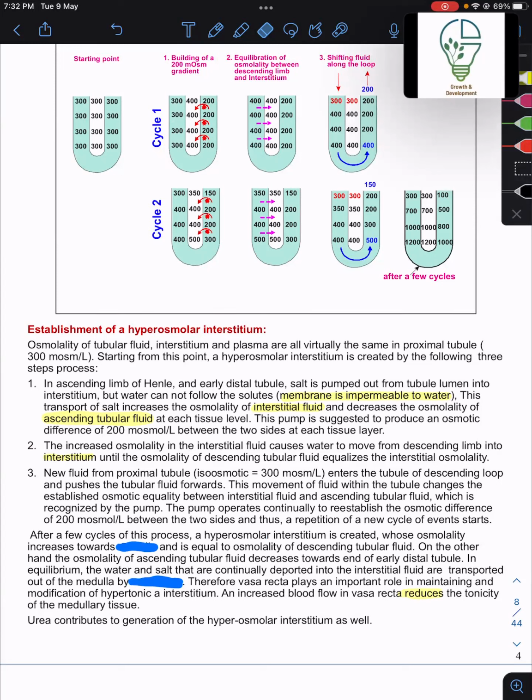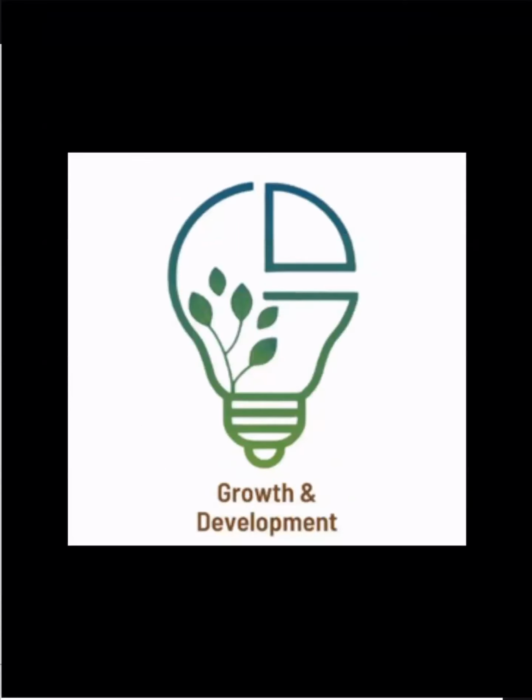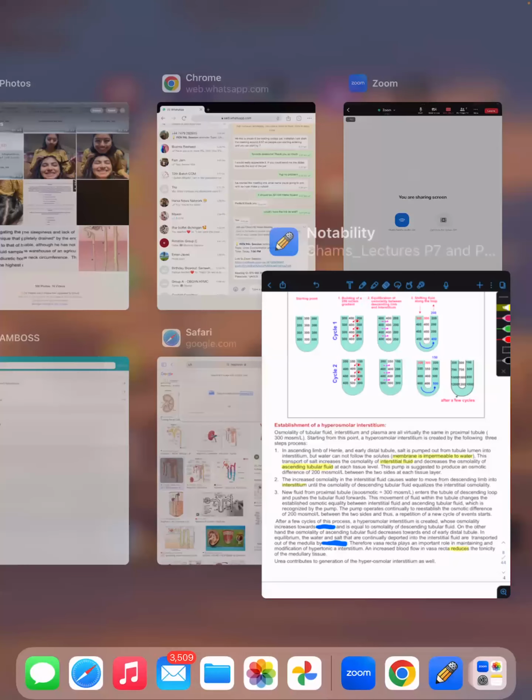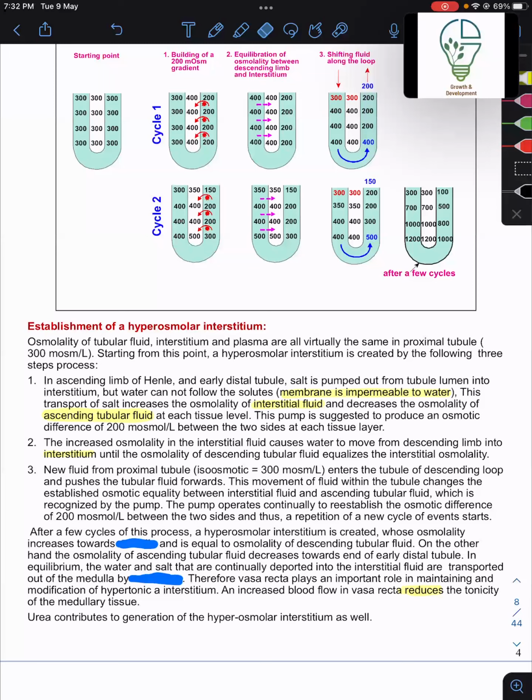So increases towards what part of the nephron? Remember I told you the nephron has an outer part and an inner part. What was the name? Increases towards the medulla, exactly. The inner part is called the medulla, and it has a high concentration of interstitium.